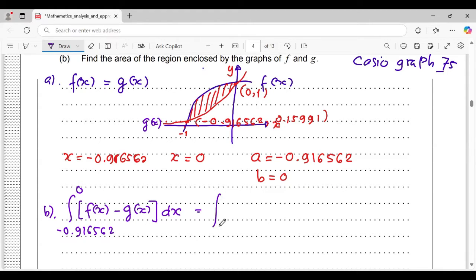Okay, so it becomes this integral from -0.916562 to 0. f(x) is 1 minus x squared, minus g(x) which is e power 2x, dx.